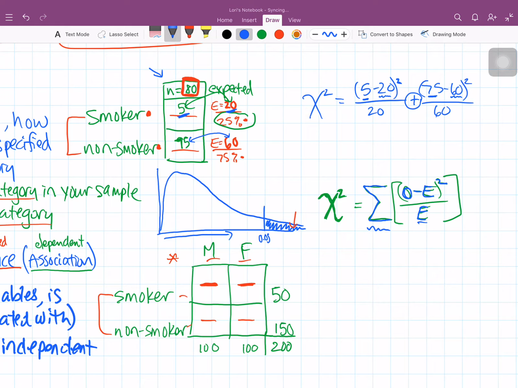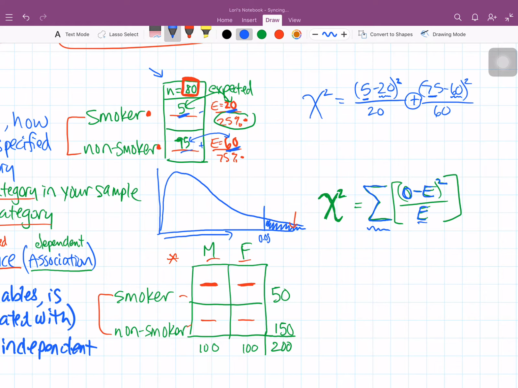Unless the numbers were exactly what the expected were, some are pluses and some are minuses. So this difference between observed and expected happens to be a positive number, and 15 minus 20 happens to be a negative number. We don't want those to cancel each other out or even partially cancel each other out when we calculate the chi-square. We want it to be the magnitude.